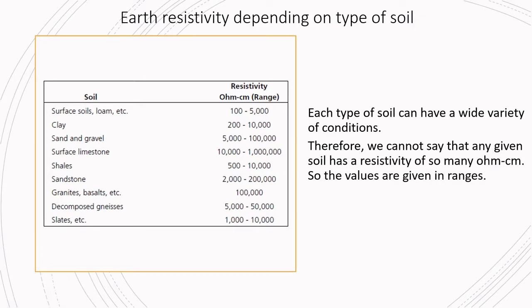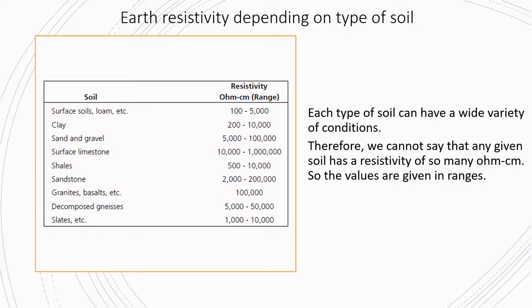Here we are going to talk about the earth resistivity values depending on the type of soil. So in this table I have included a few types of soils with their resistivity ranges. If you observe closely, you can see the resistivity values are in ranges, right? This is because each type of soil can have a variety of conditions. So we can't say this soil will have this much resistivity value in ohm centimeters as a fixed value.